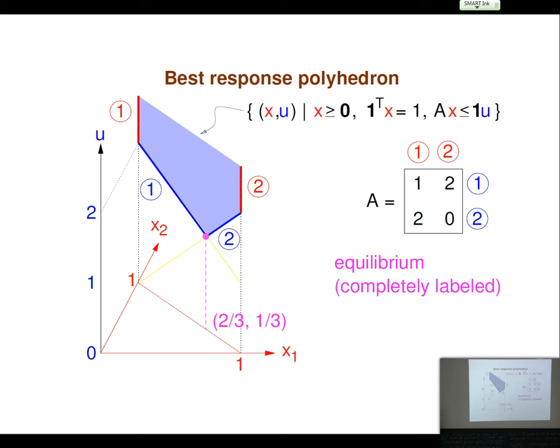So we have an equilibrium if and only if we have a vertex, or actually it doesn't have to be a vertex in a degenerate case, we have a point here that has all labels. A pure one would be, say, a 1 here, meaning we don't play strategy 1, and if this was a 2, then this would be completely labelled. That would be a pure equilibrium where we're not playing 1, but we're playing 2, which is the best response.